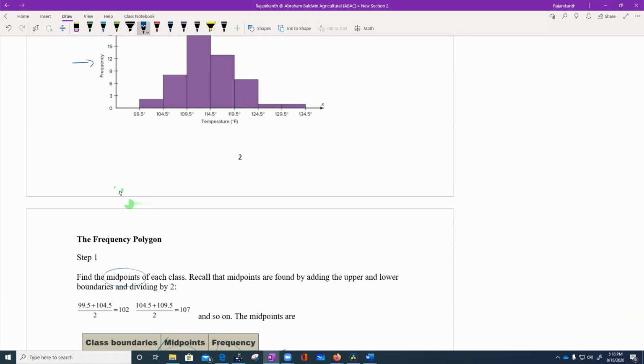Then we looked at drawing the histogram. To draw the histogram we should have class boundaries. To draw the frequency polygon we should have midpoints and the frequency values. At last we saw how to draw an ogive. We should have the cumulative frequencies, adding all the frequencies together to get the next cumulative frequency value.